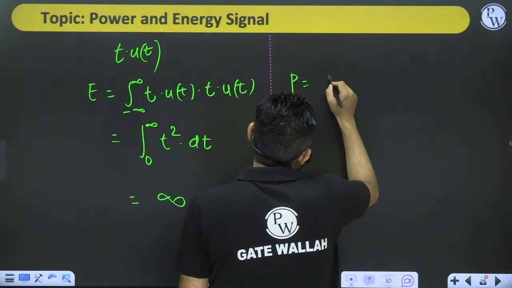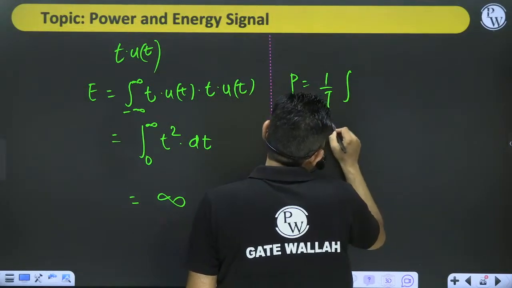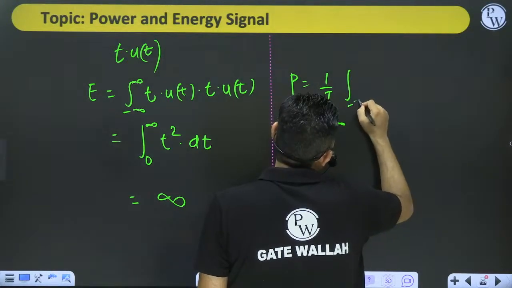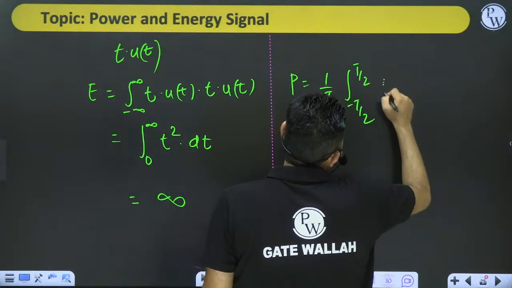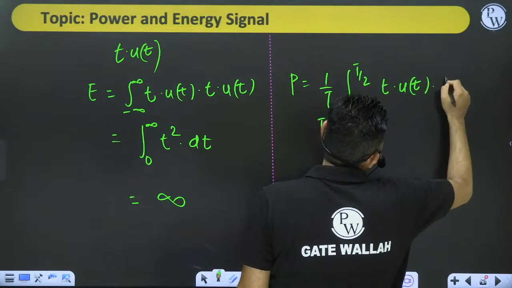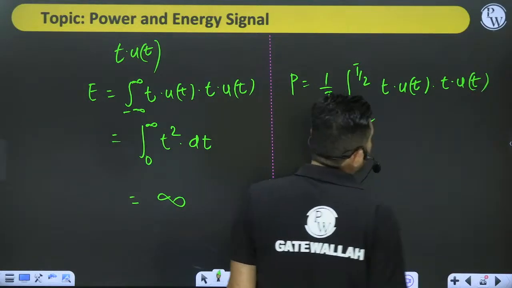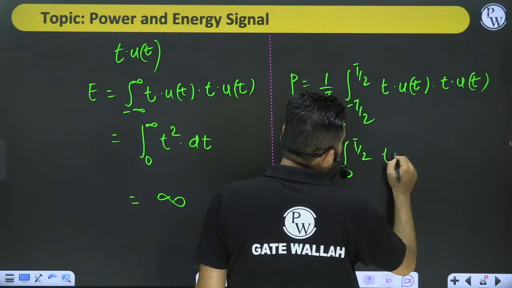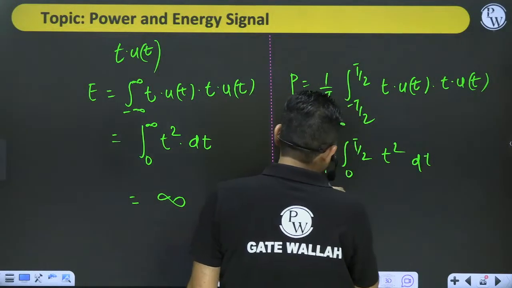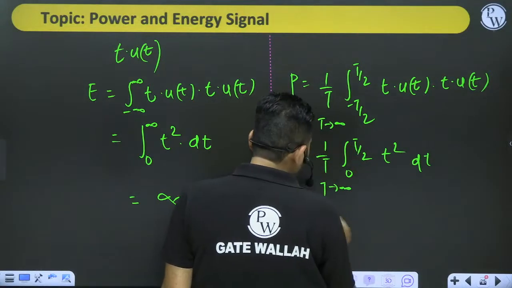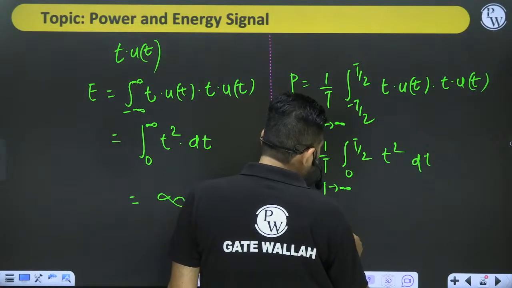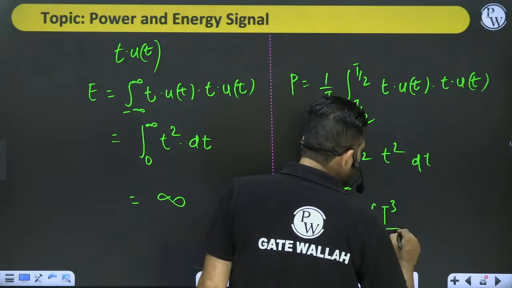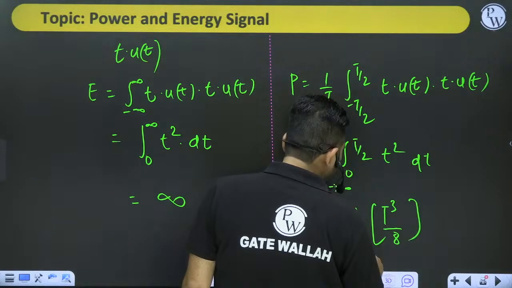Power P is 1 by T, T tending towards infinity, minus T by 2 to T by 2 of t u(t) times t u(t), which is 1 by T, 0 to T by 2, t squared dt, with T tending towards infinity. When you solve, you will get 1 by T into T cube by 8, with T tending towards infinity.